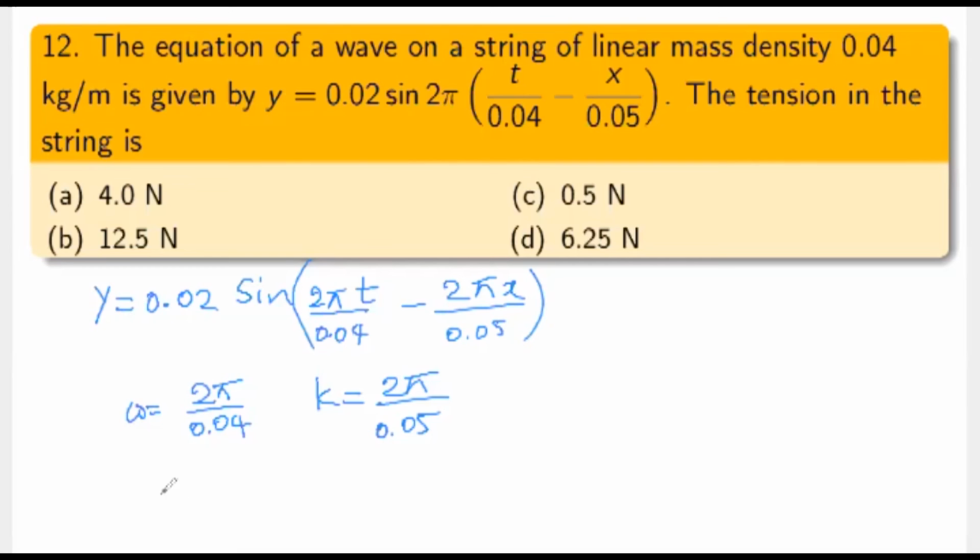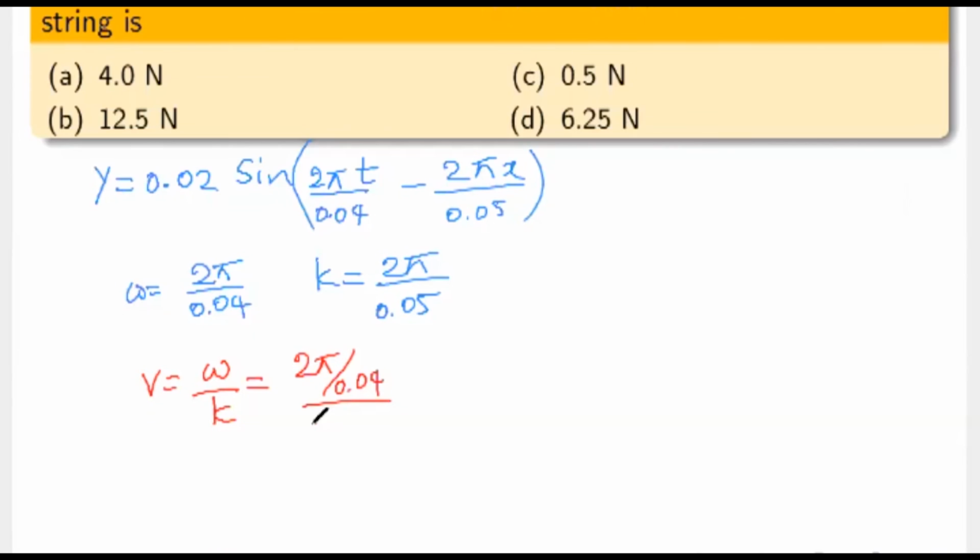So tension can be calculated by calculating velocity. The velocity of the wave in this string is v equals omega by k, that is 2 pi by 0.04 divided by 2 pi by 0.05. 2 pi cancels. It's 0.05 by 0.04 or 5 by 4.